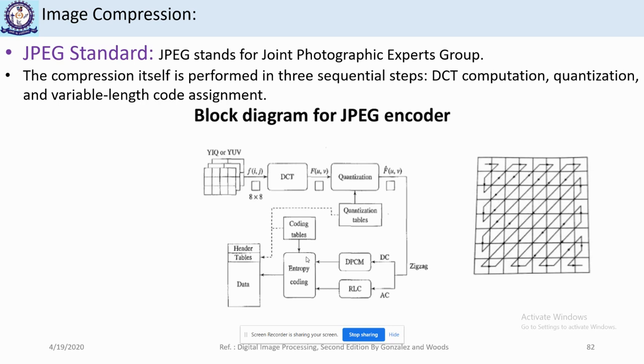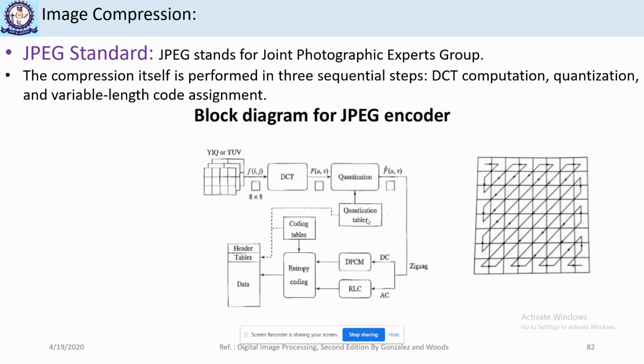That means variable length code, Huffman coding, is used. Predefined codes will be assigned to the DC and AC coefficients, and we use the coding table of predefined codes to do the entropy coding. The output of this will be our compressed image that will be either stored into the memory or transmitted over the channel. So this is the simple block diagram of the JPEG standard.